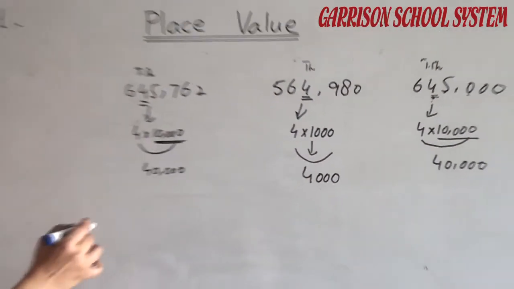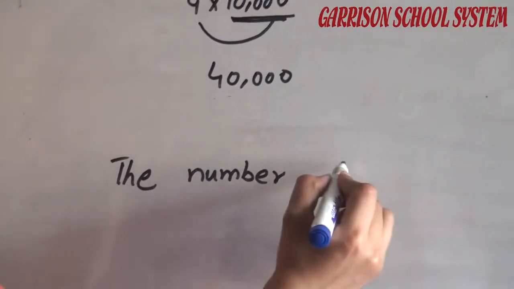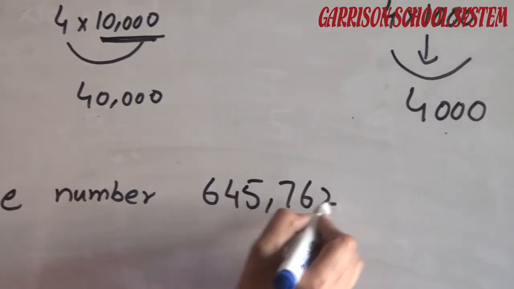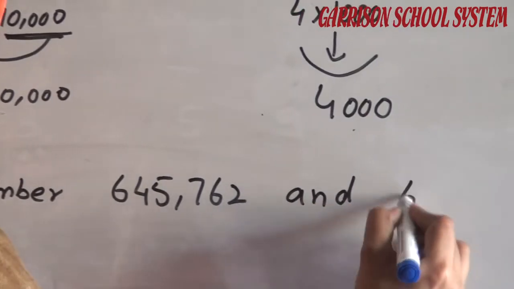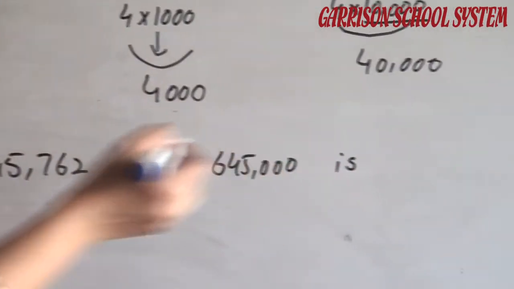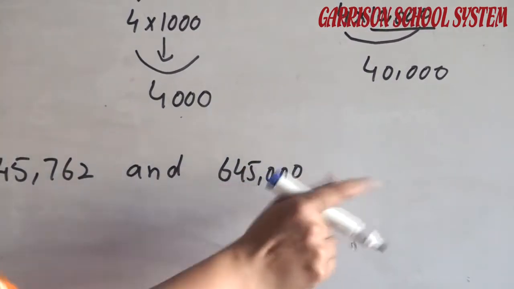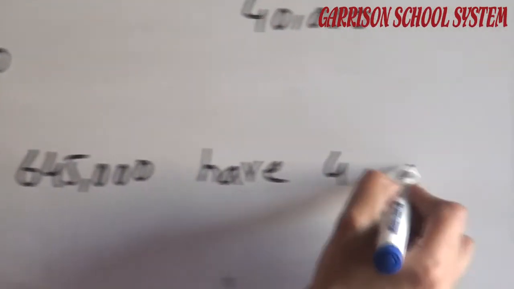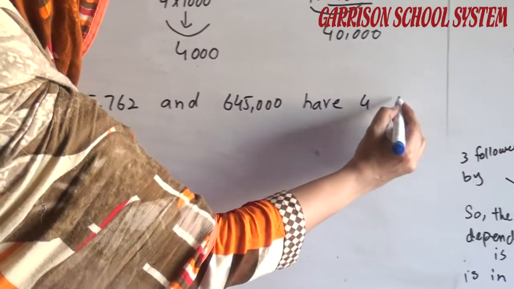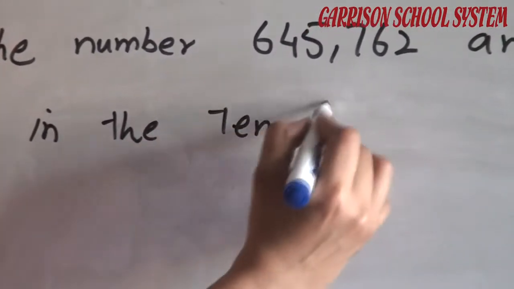So we can tell the number 6, 4, 5, 7, 6, 2, and the number 6, 4, 5, 0, 0, 0 have 4 in the 10,000 place.